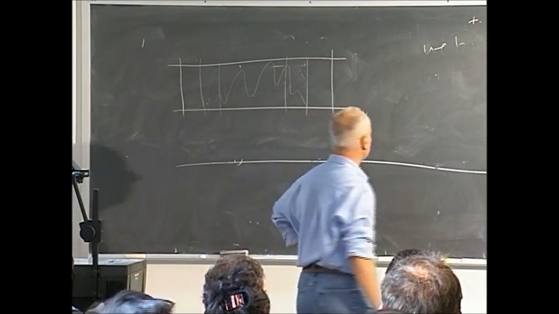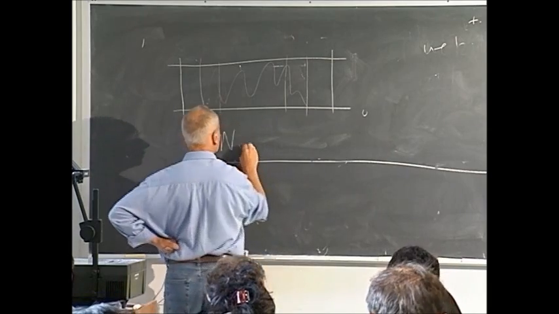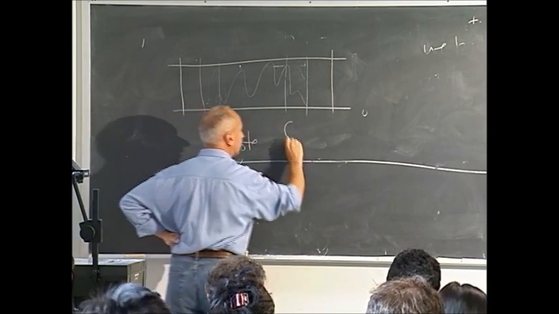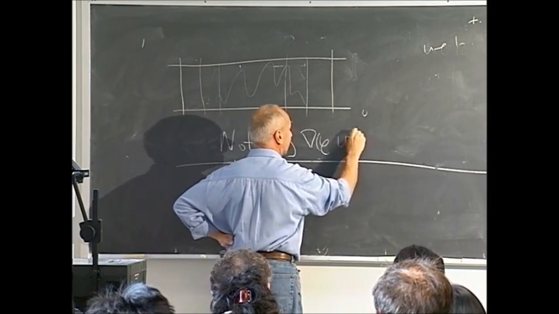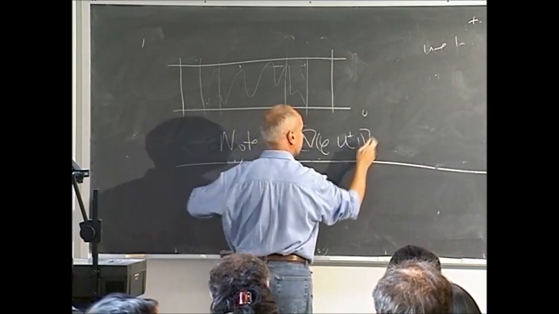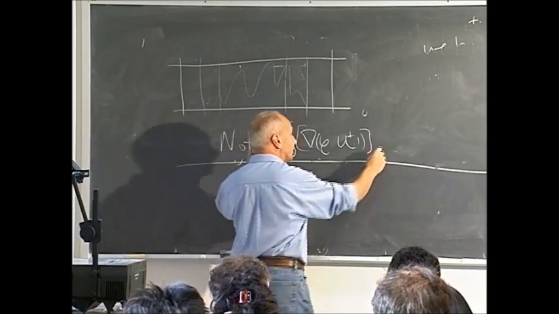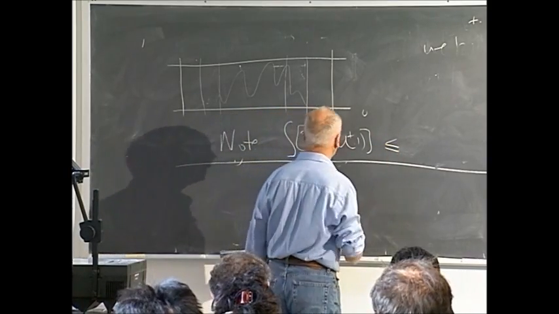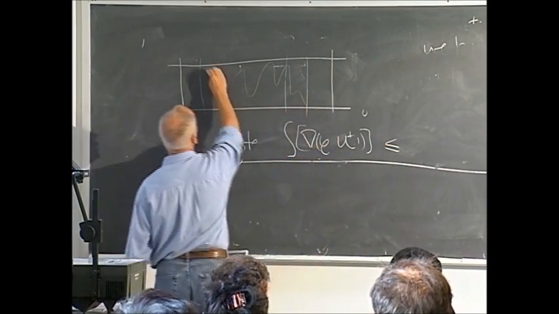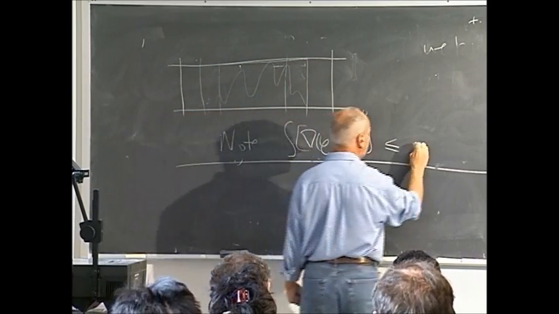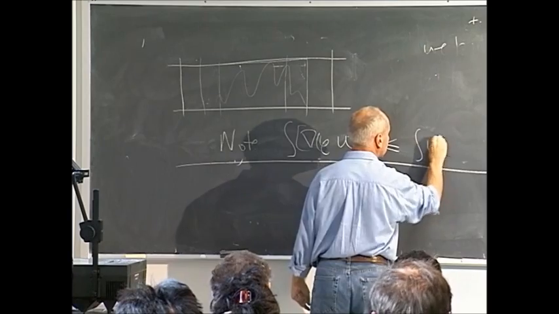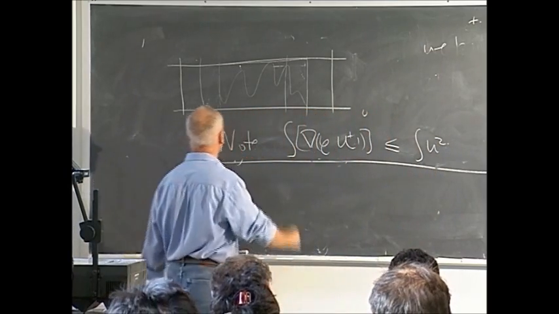So note the integral of gradient phi u plus squared is bounded, I can take a cutoff phi which is 1 in the ball of radius 3/4, and this is bounded by u squared, with a cutoff like this.